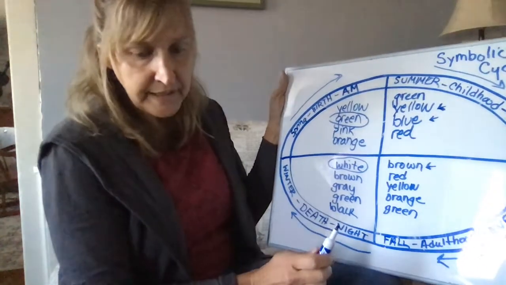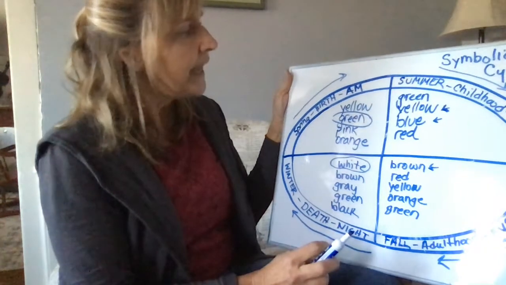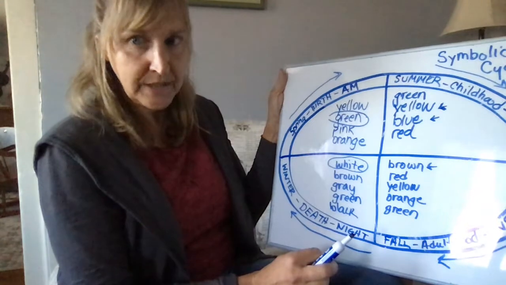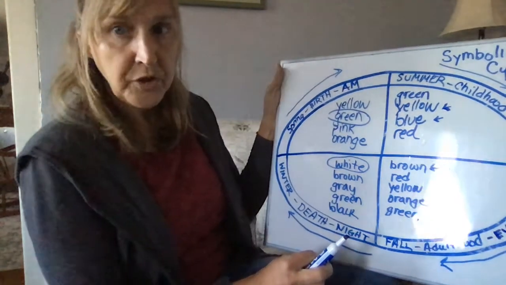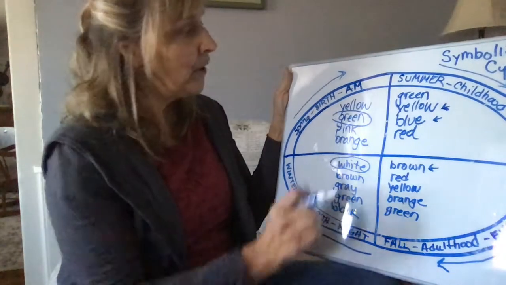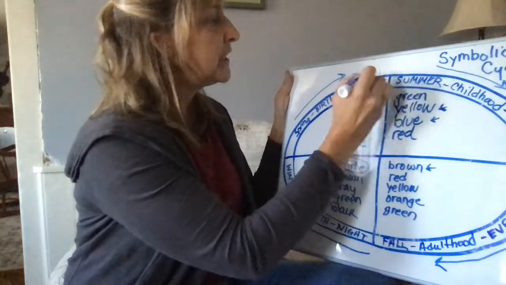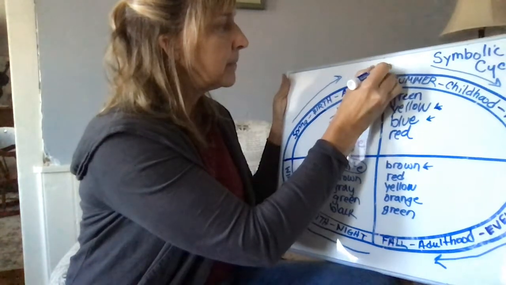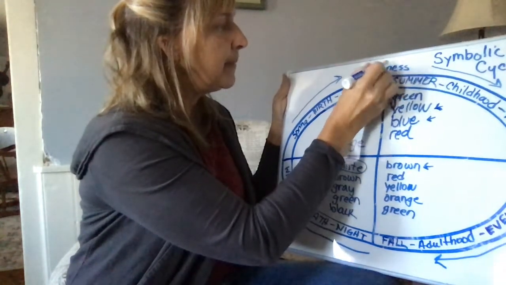Let's add some feelings on here. We're going to add happiness. If you were going to put happiness on this chart, where would you put it? Students always say up here. We see the word summer and we put happiness up here at the top. So I'm going to go ahead and write happiness.